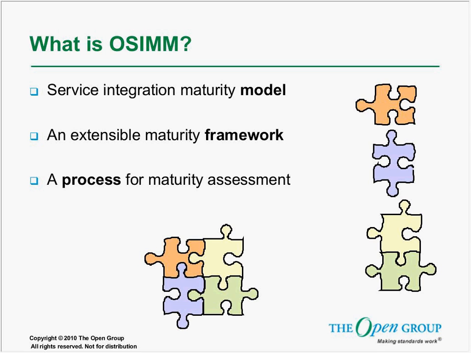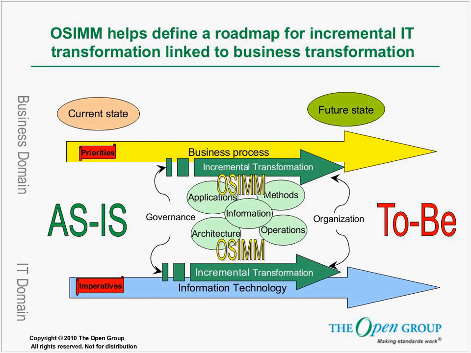It's also an extensible maturity framework. So it's not static. It's meant to actually be modified and used in the context of the organization looking to transform. And in that context, provides a process for the maturity assessment.